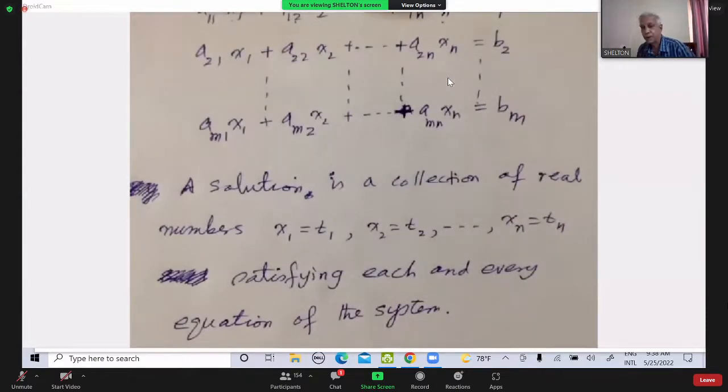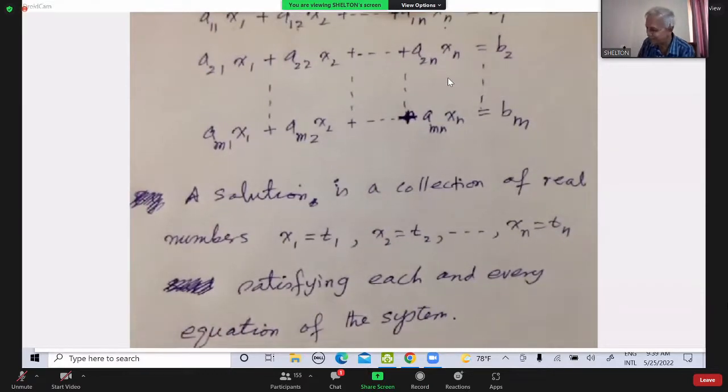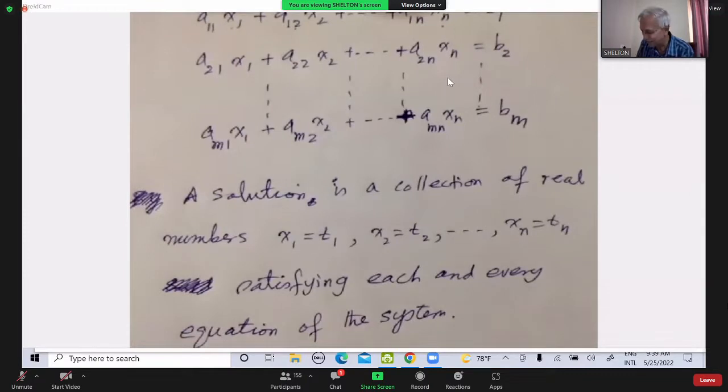Now, to understand something really interesting about systems of equations, we shall concentrate on linear systems with two equations in two unknowns. But first, let me ask you a tricky question.